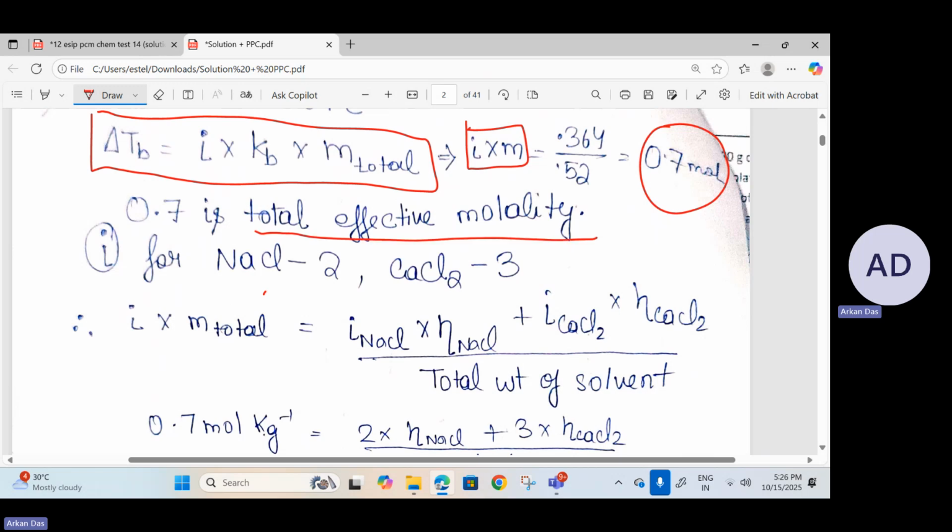What is the meaning of total effective molality? It means the i value of NaCl along with the molality of NaCl, added with the i value of CaCl2 multiplied by the molality of CaCl2. So i of NaCl multiplied by the molality of NaCl plus i of CaCl2 multiplied by the molality of CaCl2. That is what we call total effective molality.